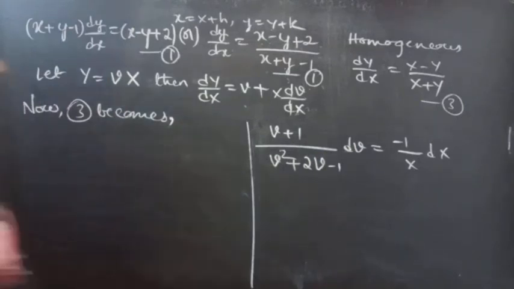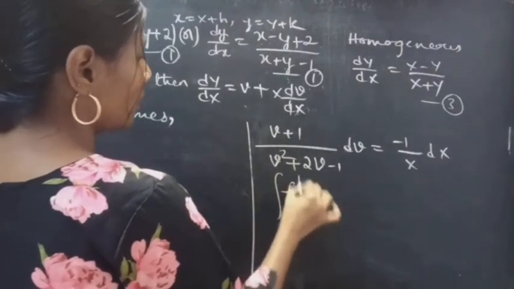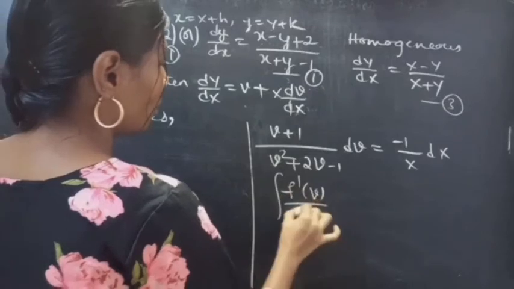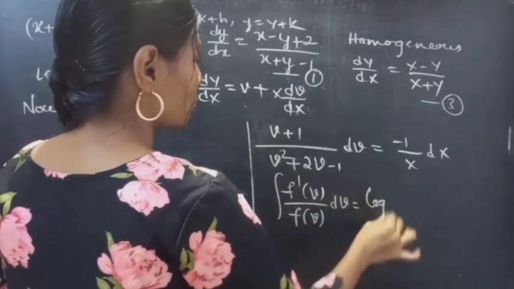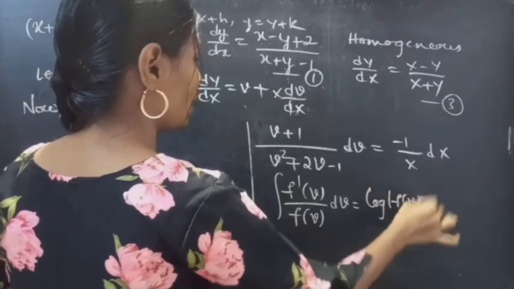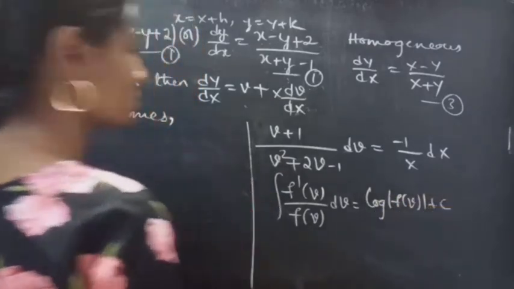Since we know that integral of f dash of v by f of v into dv equals log mod f of v plus integral constant c, right?